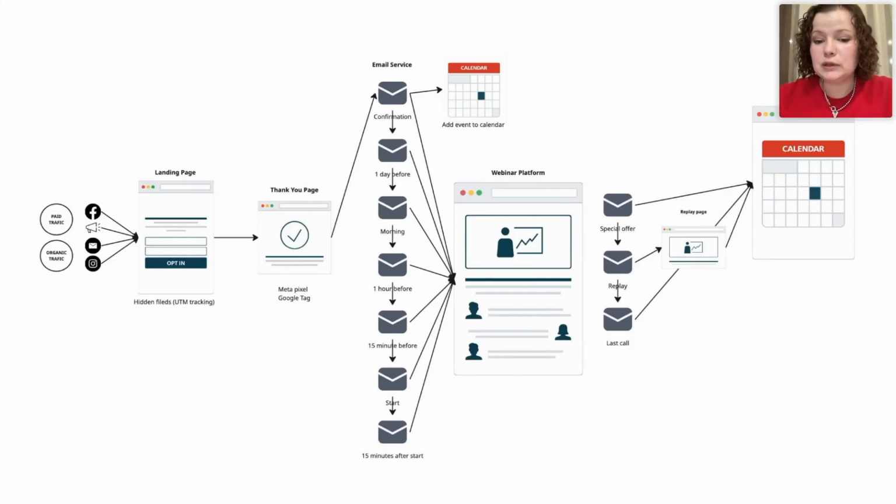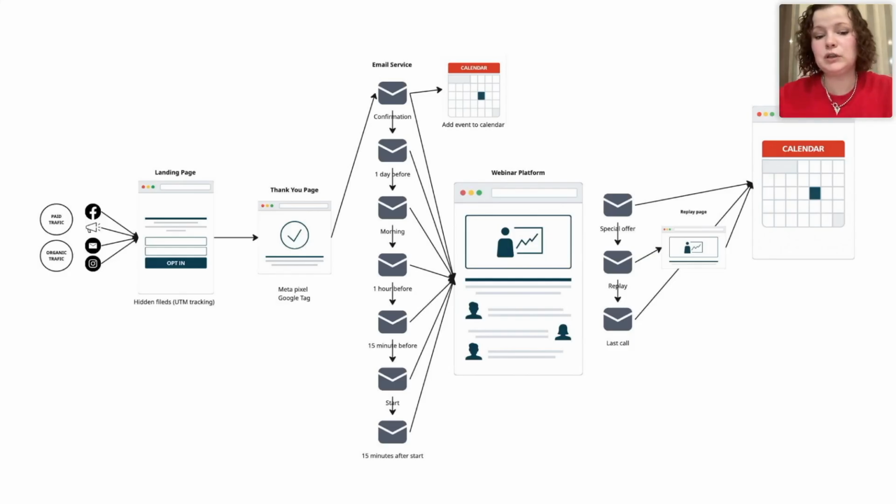And also the fourth element of the technical stack is CRM. Usually I advise to keep followers, registrants of the webinar, in one service, and leads, qualified leads that will meet with the sales team, in the CRM service.